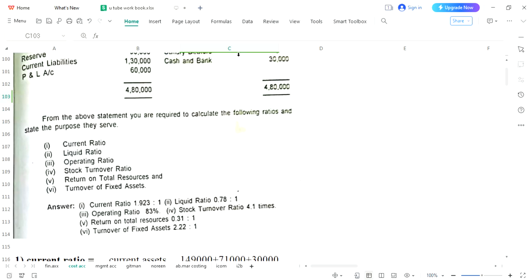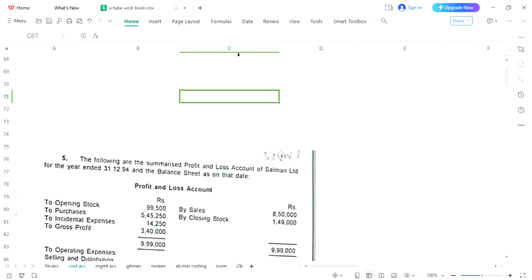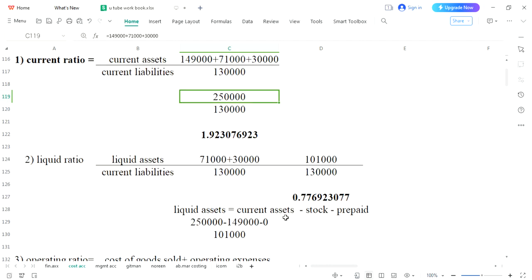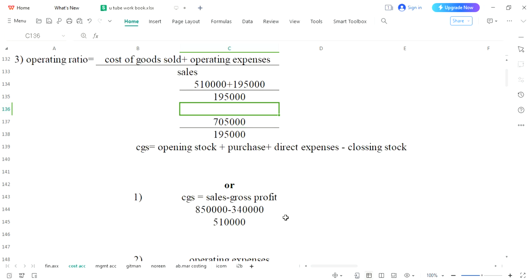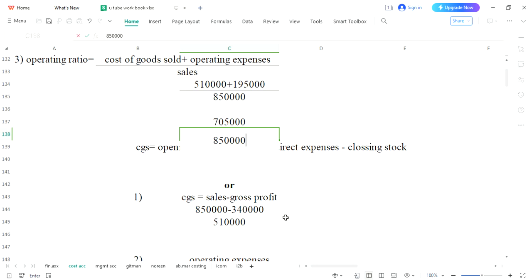Value of sale. Let's get back to the question. Value of sale is 8,50,000. And here 8,50,000 you will be posting. So in this way, 8,50,000.